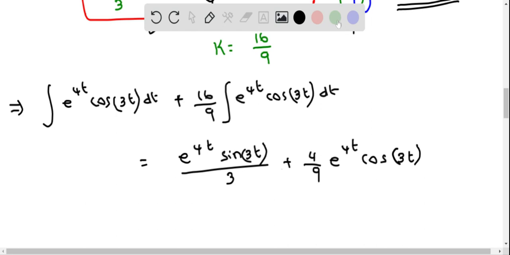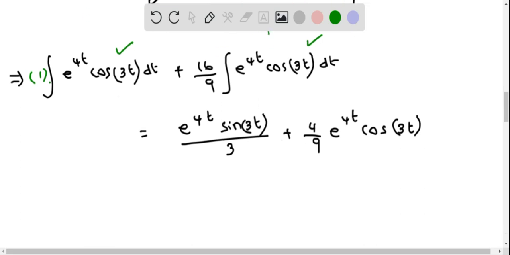Now we see that these two are like terms, that is the integral of e power 4t cos 3t dt, and here also we have e power 4t cos 3t, that is both are integrals. And so we can combine these, or we factor this integral, and we'll be left with the quantity 1 times this integral, and 16 by 9 times this integral.